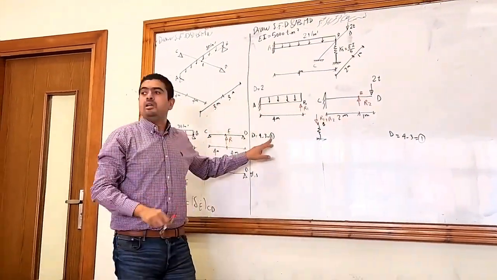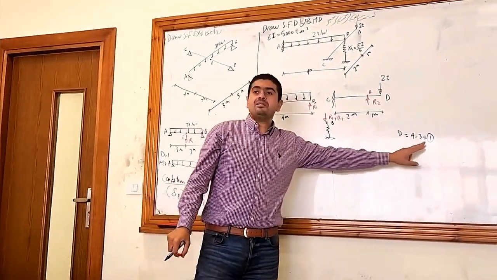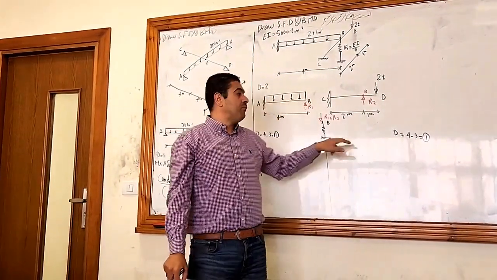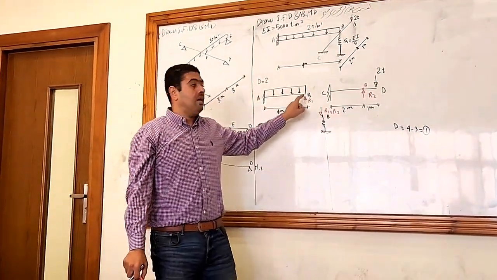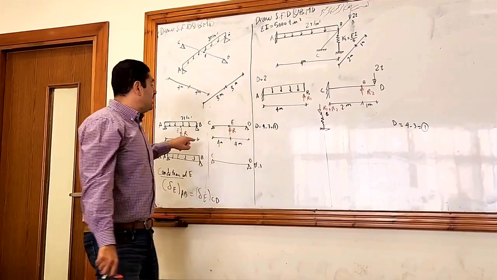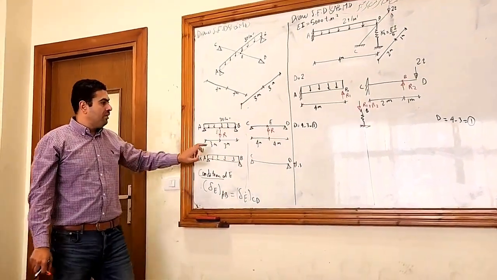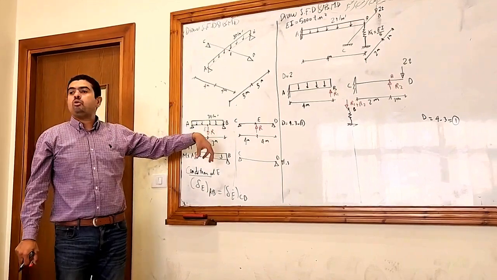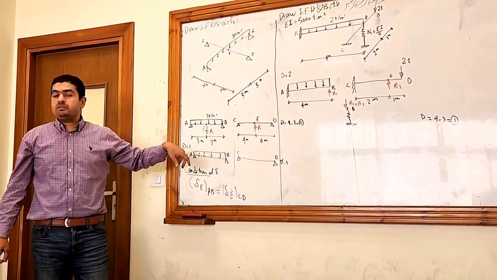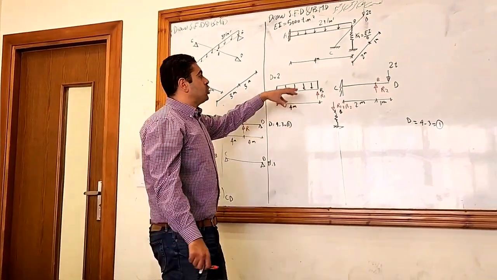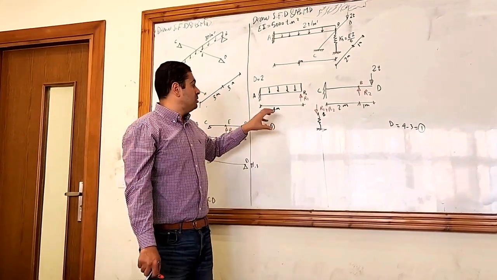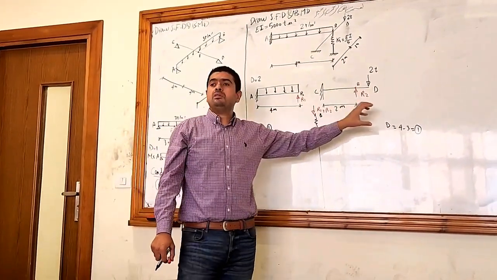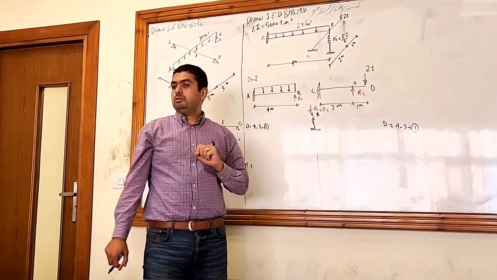But is this one the same as this one? No, they are different. This is R1 and this is R2. But in the original example, this one and this one were the same. That's why that was once statically indeterminate, but this is twice statically indeterminate, because this one is different from the other one.